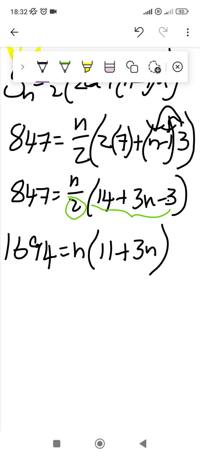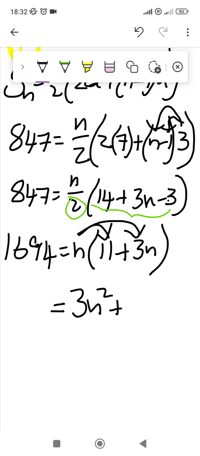Great. Now let's get rid of these brackets over here. So this n, let's multiply him inside. So on my right hand side, I'm going to put the n term first. So I'm going to have 3n squared, and I'm going to have a positive 11n.